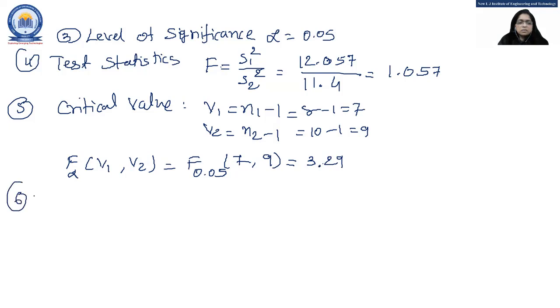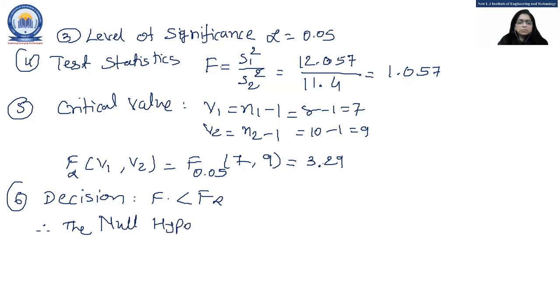Last, the decision. The decision is the test statistic value F is less than F alpha. Therefore, the null hypothesis is accepted.